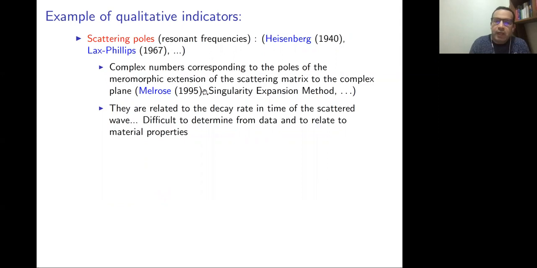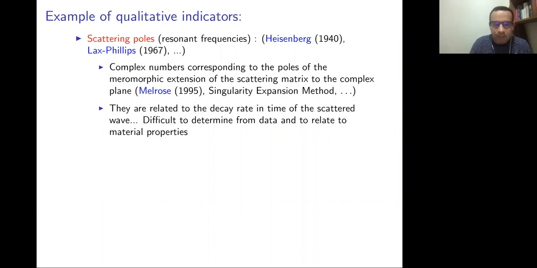They come with a non-negative imaginary part, and they can also have a physical interpretation. For example, the distance to the real axis determines the rate of decay in time of the scattered wave. So there has been an attempt to use them for the inverse problem, but it's very difficult.